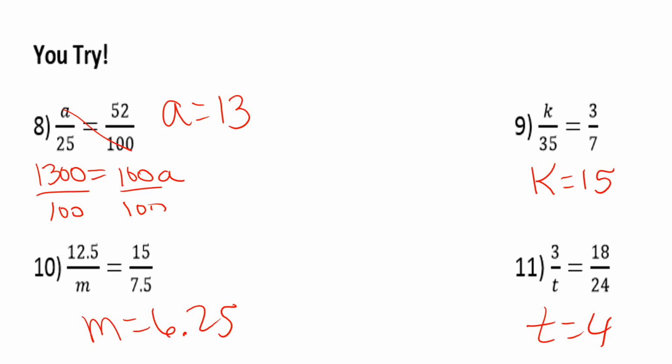As you can see, if you use cross products and solve, you will get for number 9, k equals 15, number 10, m equals 6.25, and number 11, t equals 4. Please bring any questions you have back to class.